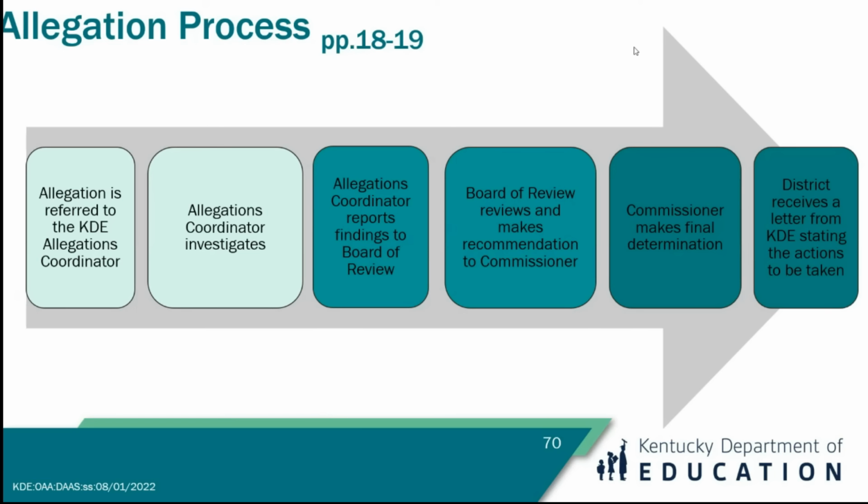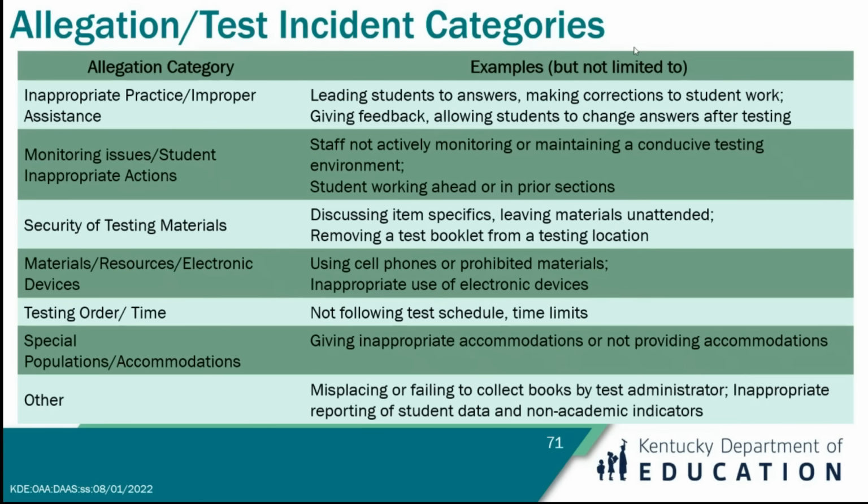The district will receive a letter from KDE stating the actions to be taken. These are broad allegation categories or issue codes used for filing an allegation. Notice that the examples correspond to the information we have covered in the Administration Code training.